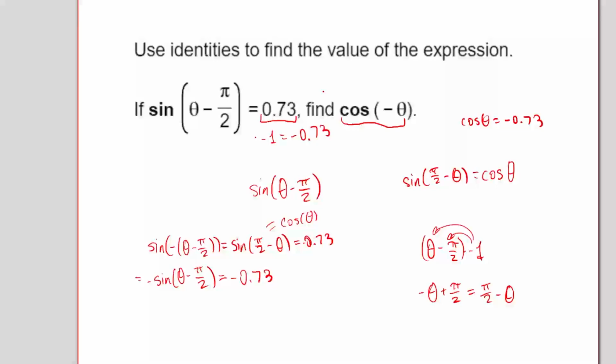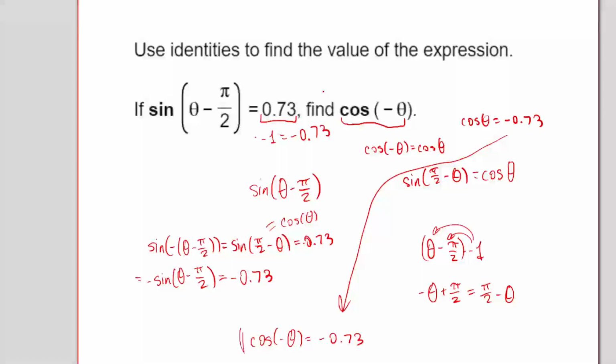This is pretty easy because we know that cosine of negative theta is just the same as cosine theta. So the answer to the problem is that cosine of negative theta is going to be whatever cosine of theta is, and cosine of theta is negative 0.73. And there we go, that's our answer.